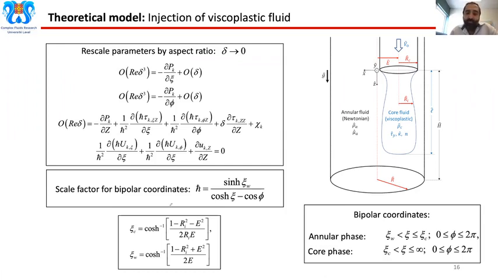So in this system, we are basically mapping the flow in the domain of X and Y to a semi-infinite strip in the domain of xi and phi. And the Z is the same. So Z is in the same direction in both coordinates, Cartesian and bipolar. So we are basically able to use this mapping to solve the equations.